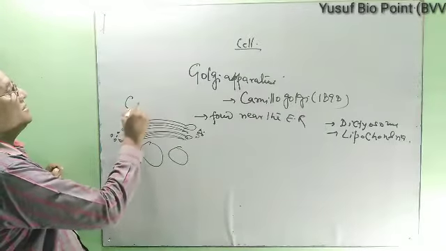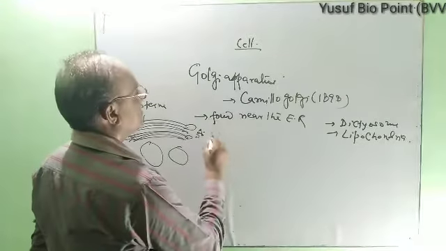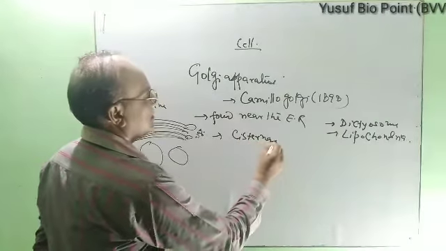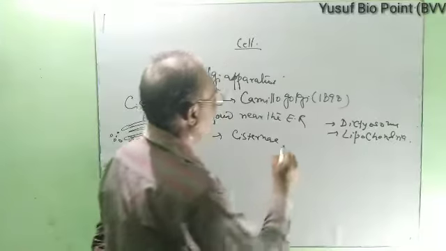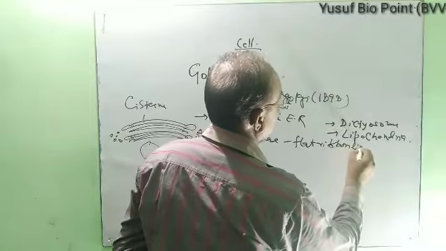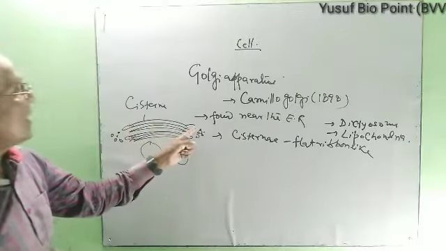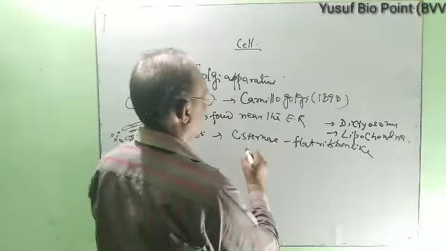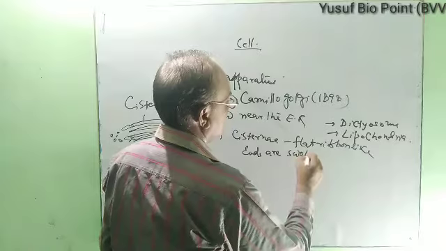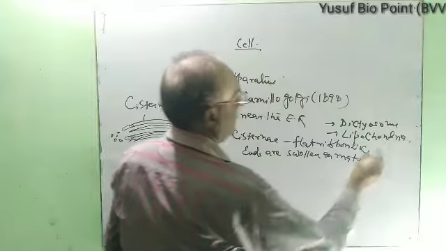This is the cisternae. It is composed of three parts. One is cisternae, that is, flat ribbon-like organelles. These have ends which are swollen on maturity.